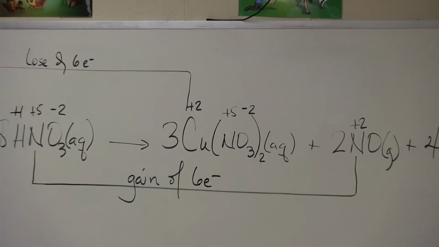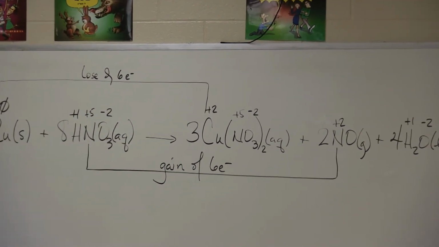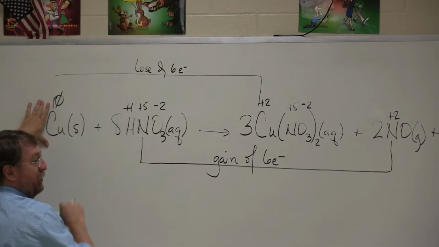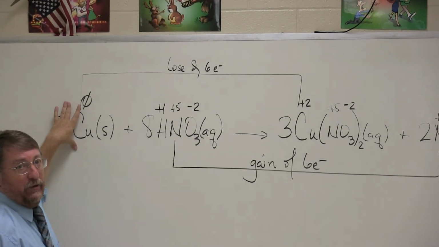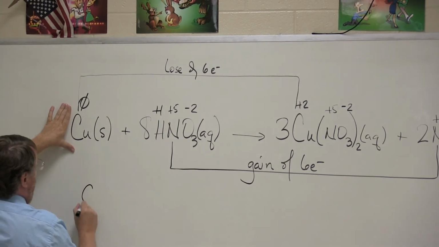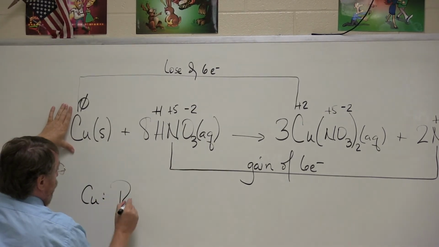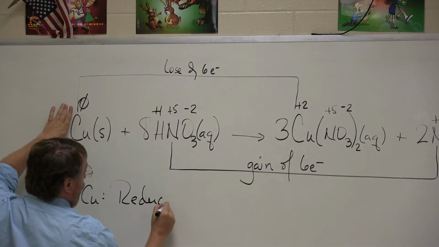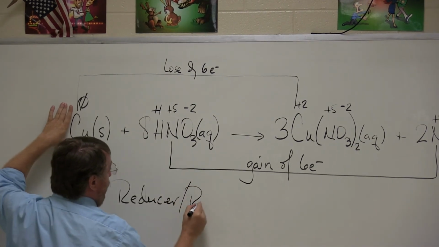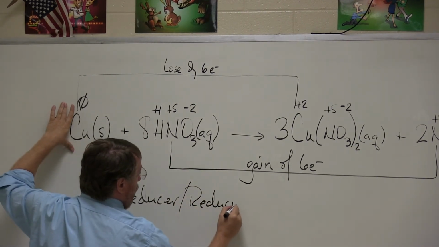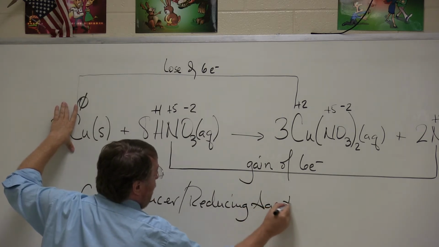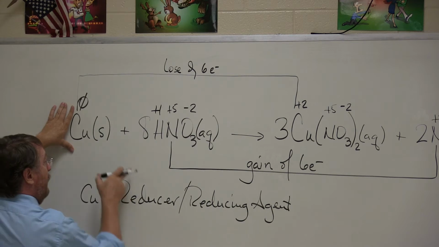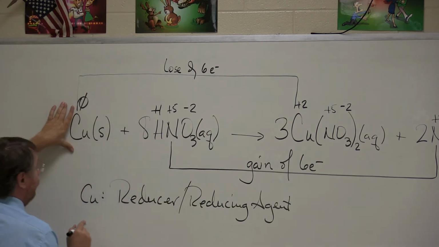Okay? Anything that can cause something else to gain electrons is called a reducer or a reducing agent. So our copper here is what we call a reducer or a reducing agent, because it itself is being oxidized, so it is the compound causing the reduction.